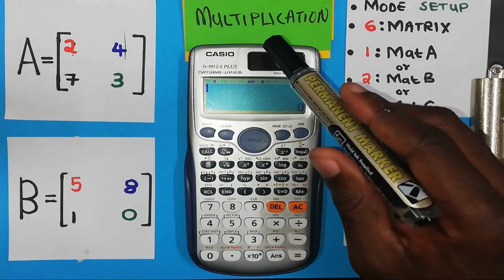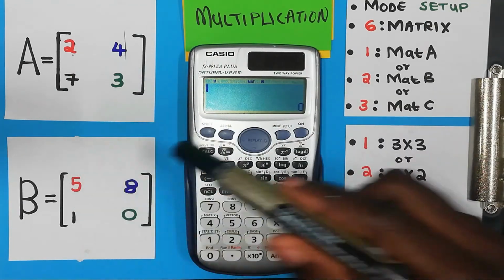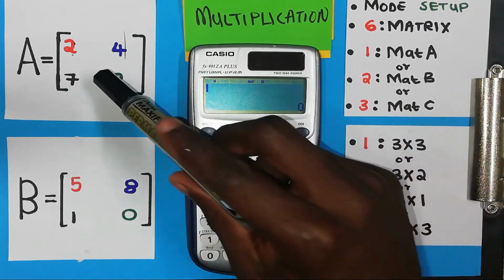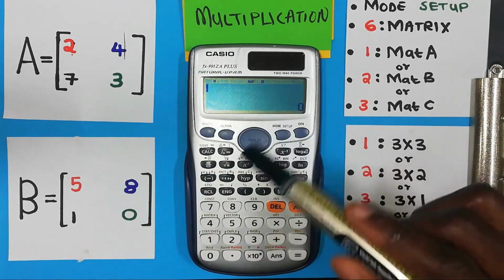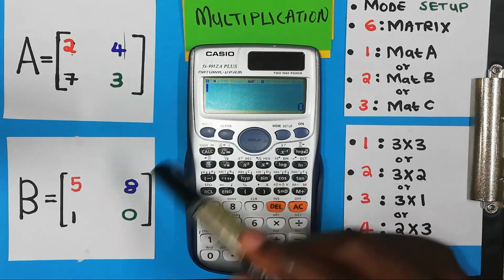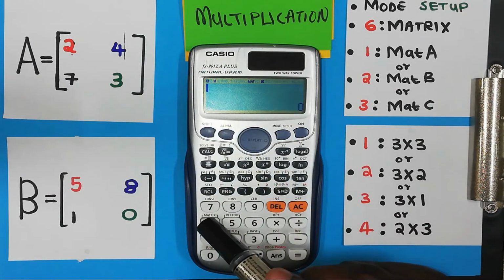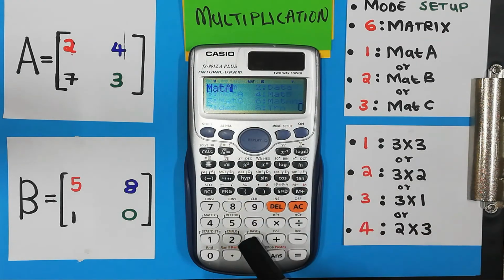This is the last one. We are going to multiply these two matrices on this calculator. I still have matrix A and matrix B stored in the calculator memory. So let's access matrix A. Shift, then you press 4. To access matrix A, you press option 3.